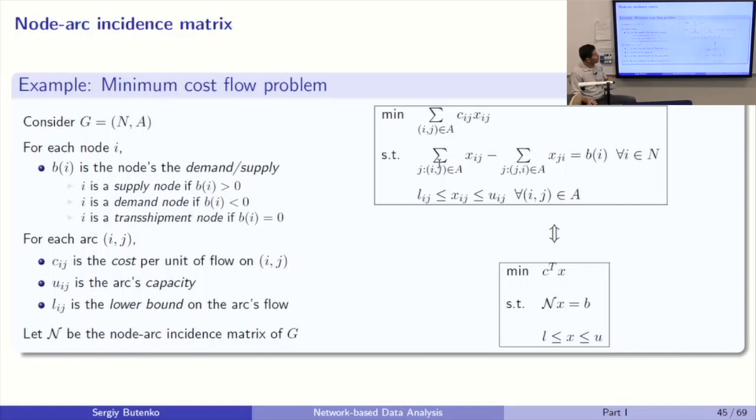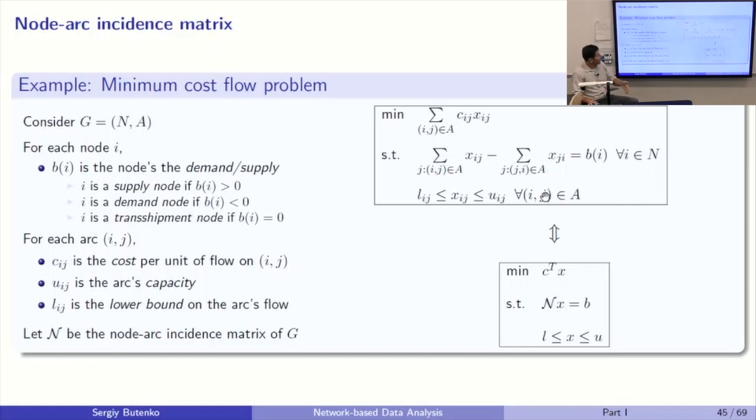So this is the amount that you ship out of node I total. So this is the amount that you receive in node I. And that difference must be given by B of I, right? So this is how you formulate these flow balance constraints.